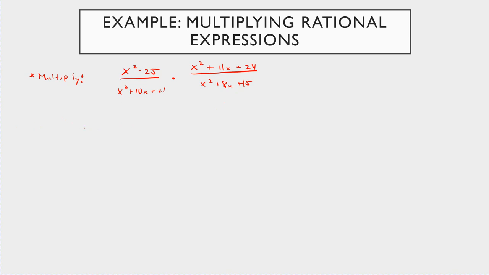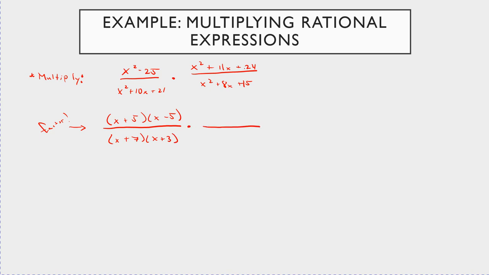All right, so you're going to factor. So x squared minus 25, that's the difference of two squares. So that's going to factor as x plus 5 times x minus 5. All right, so what two numbers multiply to 21 and sum to 10? That's 7 and 3. So this is going to factor into x plus 7 times x plus 3.